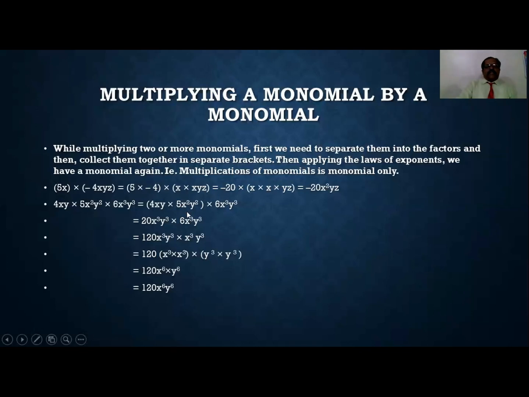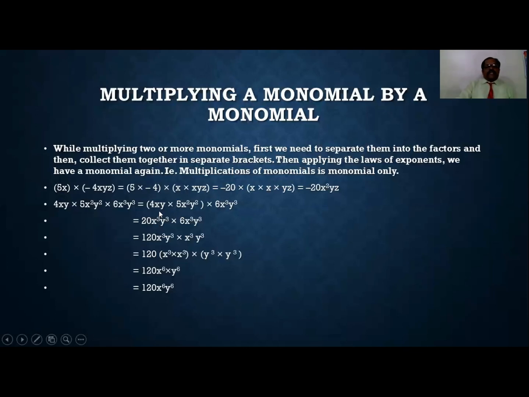Applying the law of exponents, a raised to m into a raised to n becomes a raised to m plus n, which means we need to add the powers. Here in x the power is 1, and in x square the power of x is 2. So adding the powers, 1 plus 2 becomes 3. So the power of x comes as 3, that is x cube.